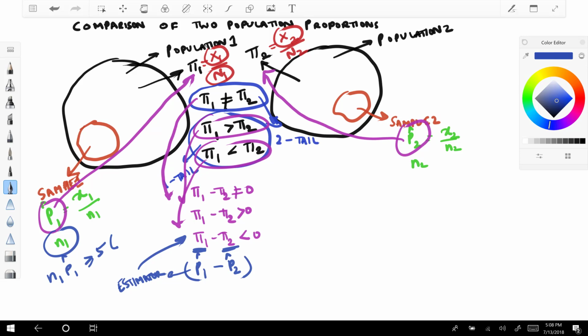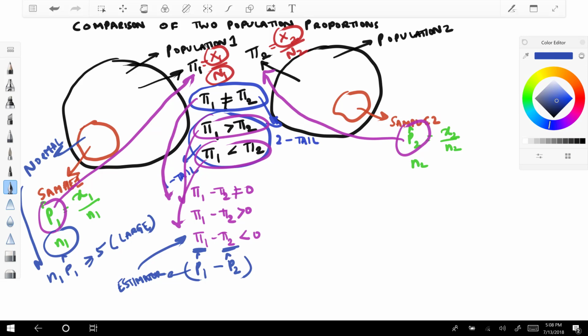So we can invoke the central limit theorem and say that the sample is normal if it fulfills this criterion n1 p1 hat, because the sample size is large.